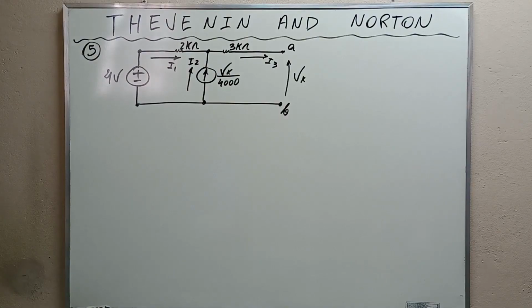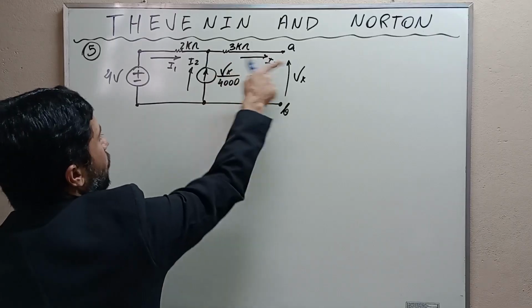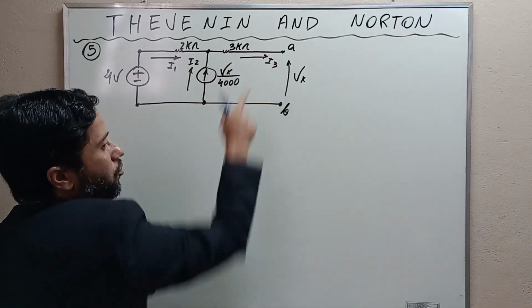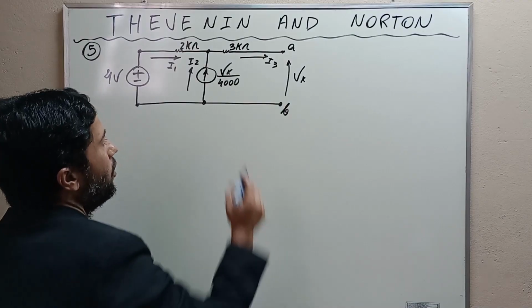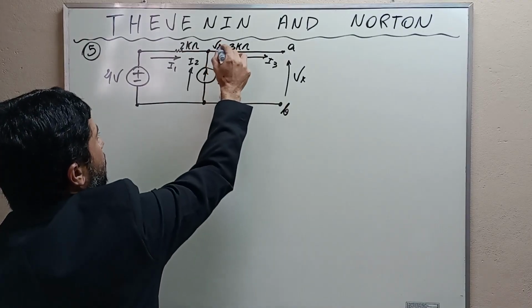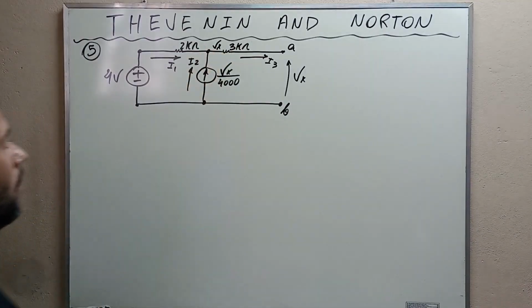Observe that as the output terminals are open, the voltage Vx appears on top of the current source, alright? As there is no voltage drop because I3 is 0, Vx appears here as well, okay, on this node.